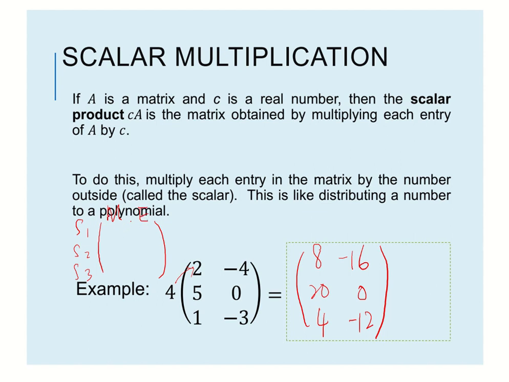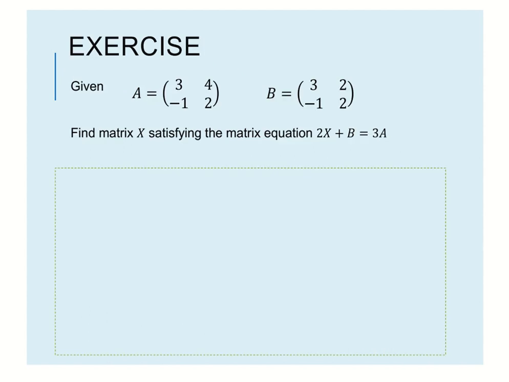Let's say student 1 obtained 3 and 5, student 2 obtained 4 and 3, and student 3 obtained 1 and 4.